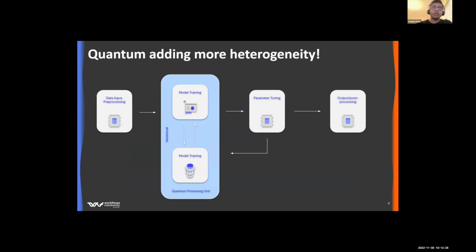So quantum computers are being used as accelerators in classical HPCs. And in this simple example, where a user may be using a variational quantum algorithm to do some sort of machine learning, there's constant communication between the classical and quantum devices, and having a tool that abstracts away this communication is really important.